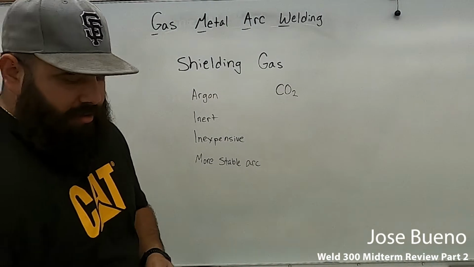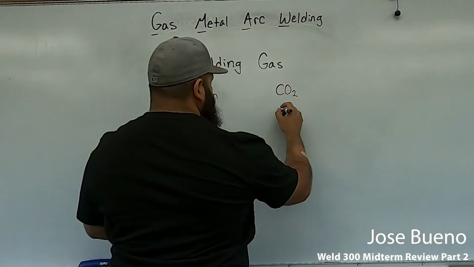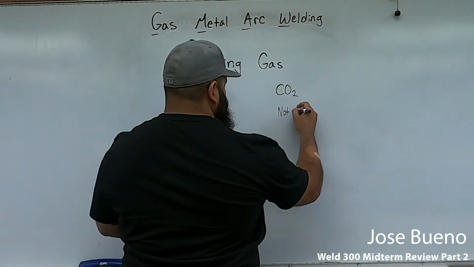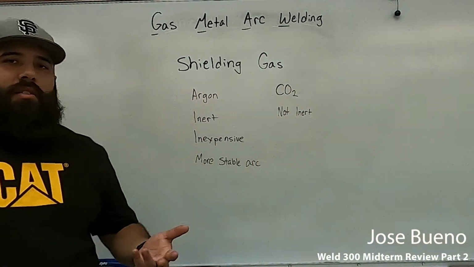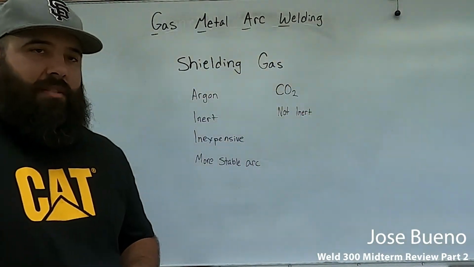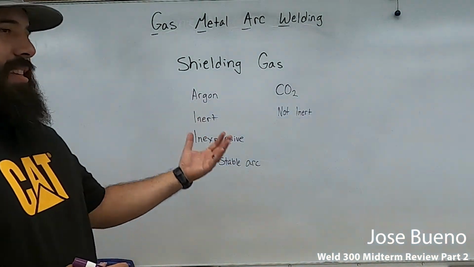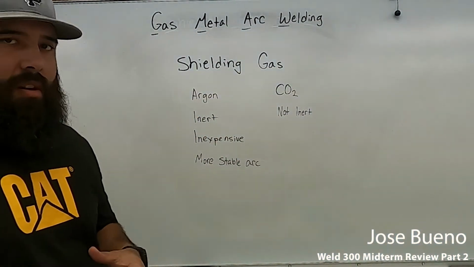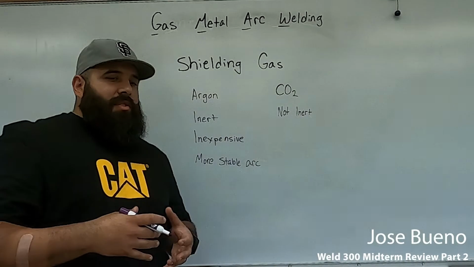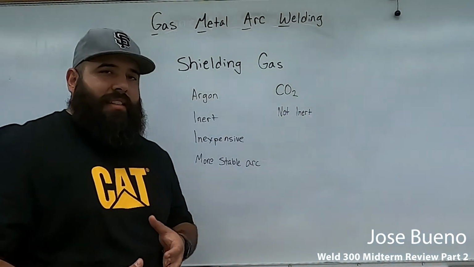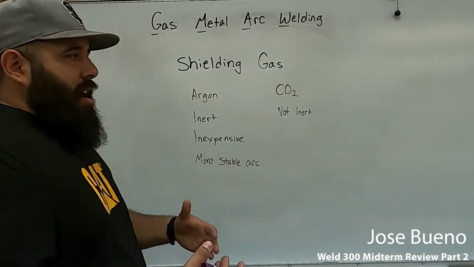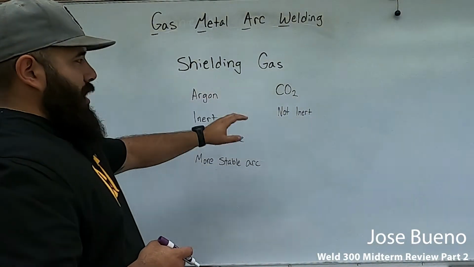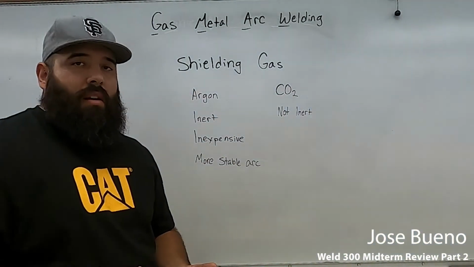Now remember, CO2 is not inert. There are some upsides to using CO2 though. The way that CO2 interacts with the welding arc, not to say that it's unstable or erratic, but it's not as stable as when we just use argon.